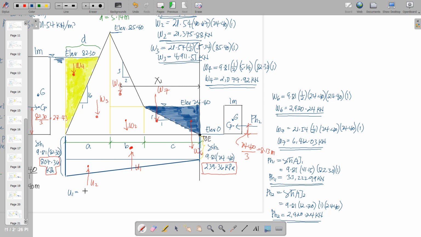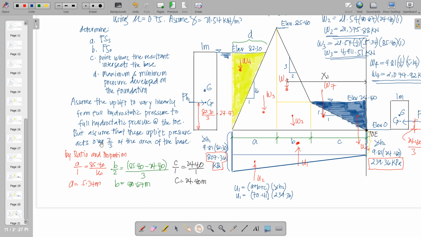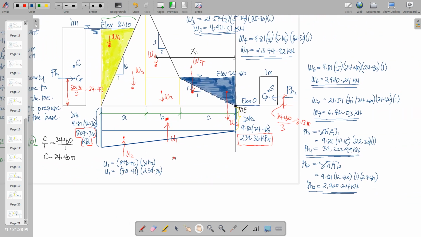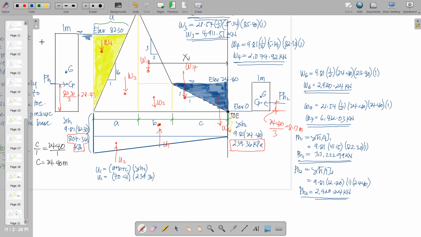So we have the base to be A plus B plus C times gamma H2. So the sum of A plus B plus C is 70.41 times 239.36. So here, according to the problem, again, the uplift force acts over 2/3 of the area of the base. So therefore, we should multiply here by 2/3 for that condition.